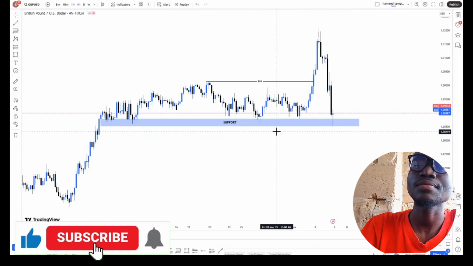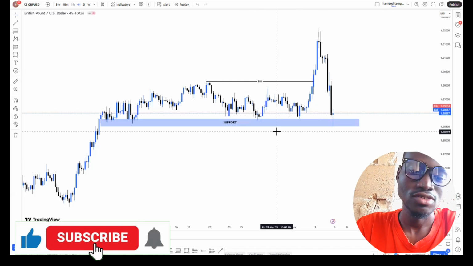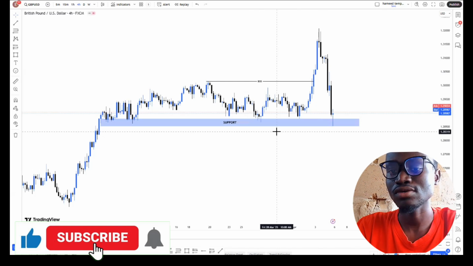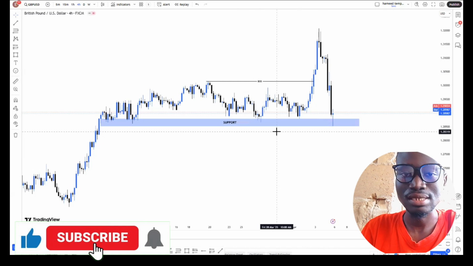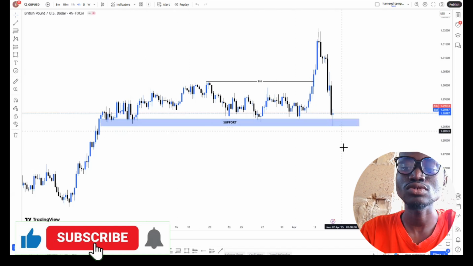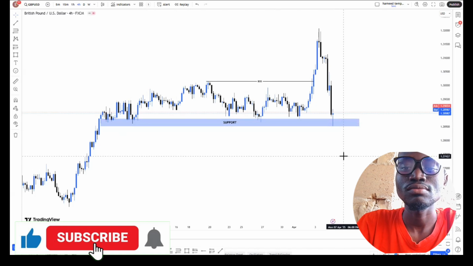Despite the fact that we have a bearish candle for the week, we still have to follow the trend. Unless this support zone here is taken out, that's when we'll change our bias to sell. But for now, we still have this bullish movement.